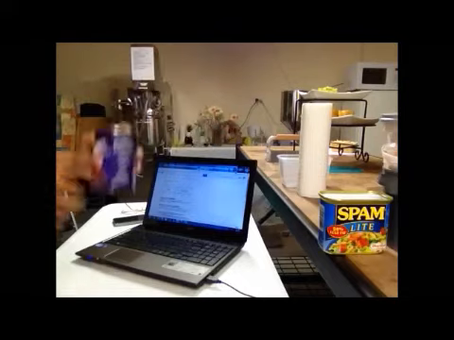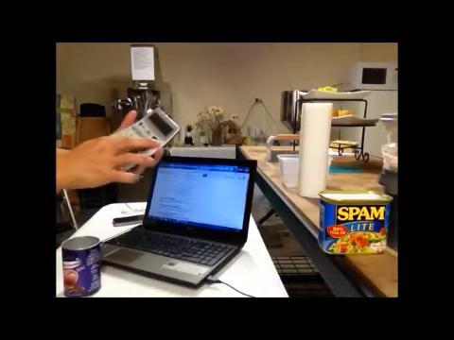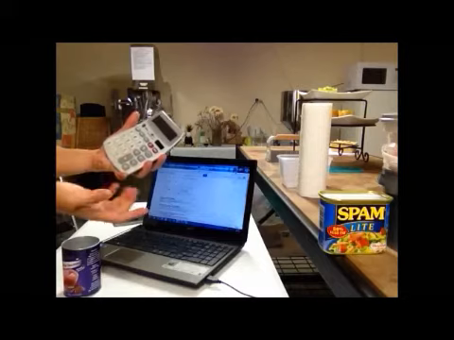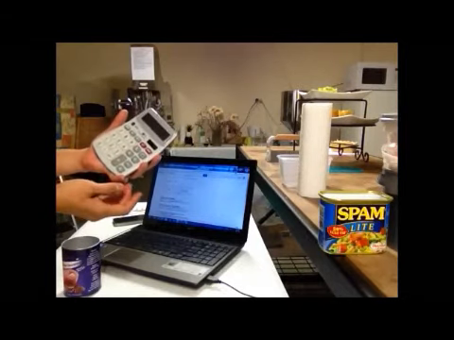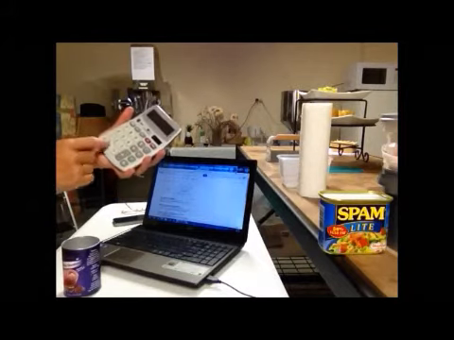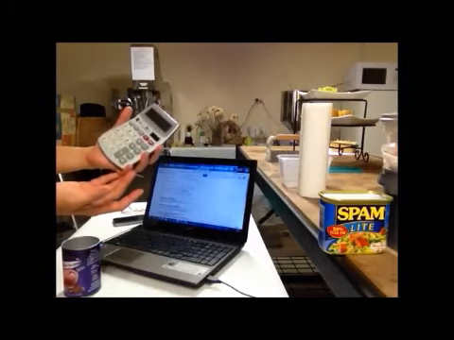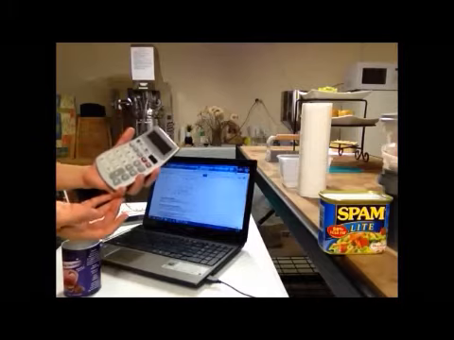So divide by 2 to get the radius. 2.75 divided by 2 is 1.375 for our radius, and times itself, 1.375, the square of that is 1.89.